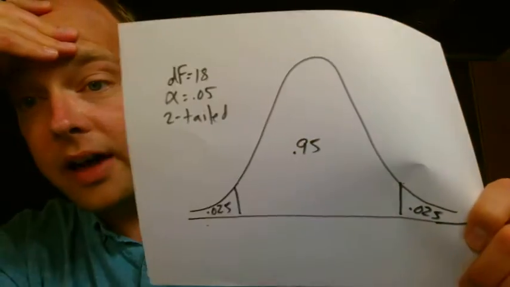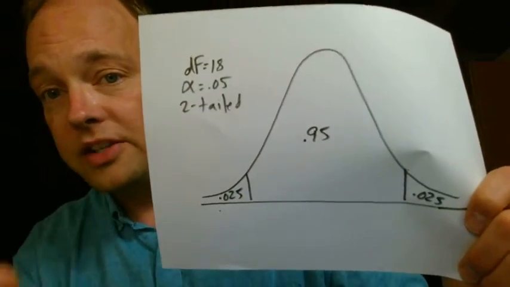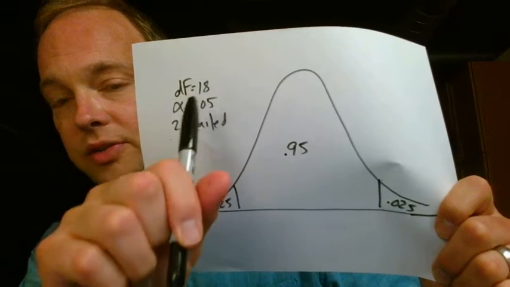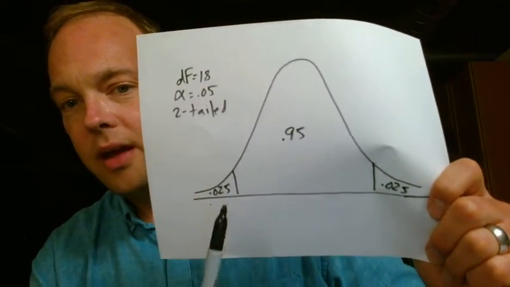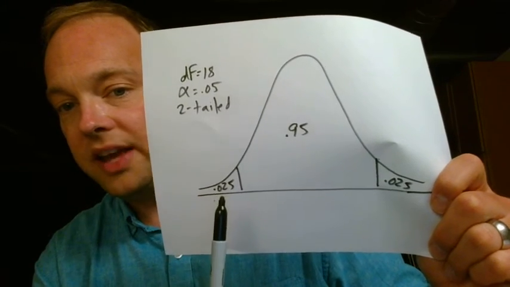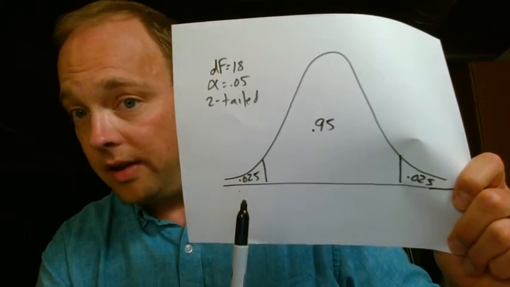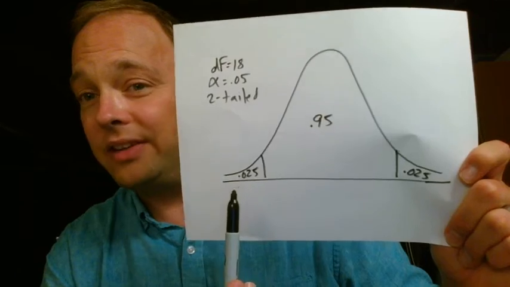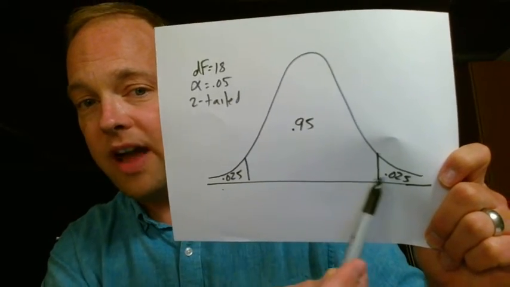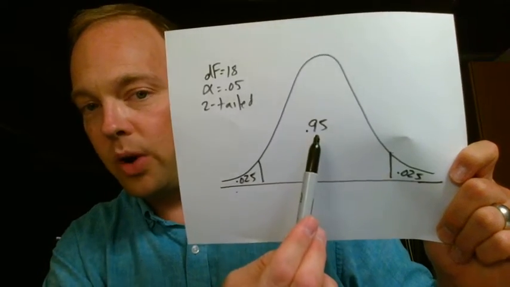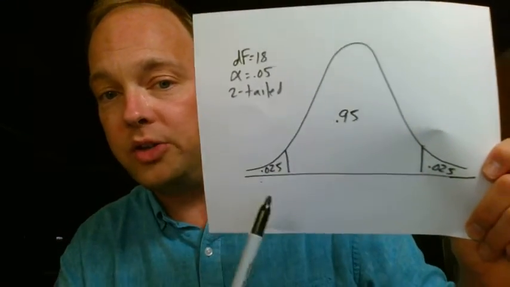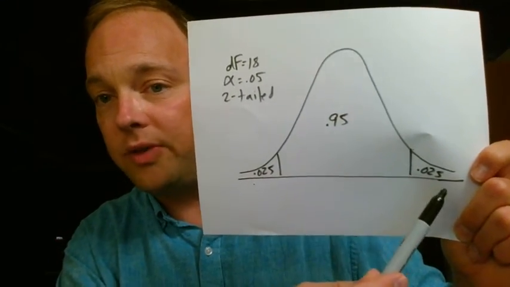I haven't put the t-values in, but I will. I just simply put my legend up here. Degrees of freedom equal 18, alpha level of 0.05, two-tailed test. 0.05, two-tailed test means that area, 0.05, is split evenly between these two tails, 0.025 and 0.025, or together, 0.05, plus 0.95 equals 1. 0.025 plus 0.95 plus 0.025 equals 1. The whole thing equals 1.